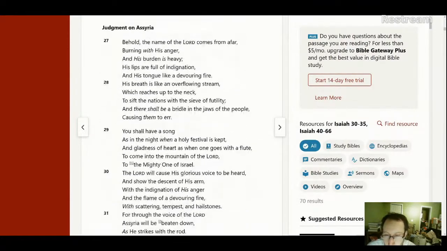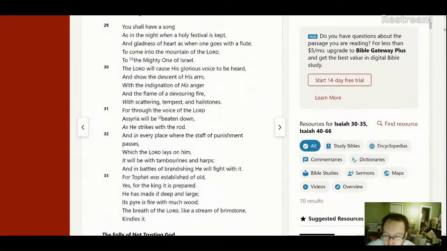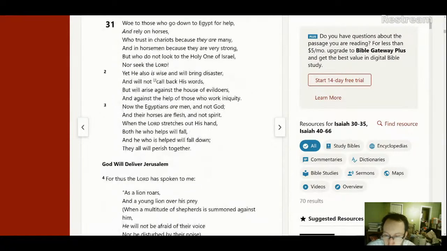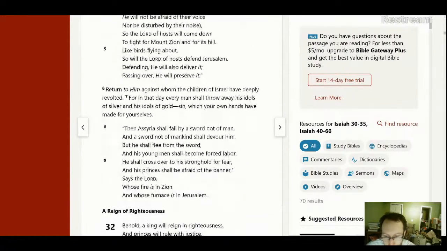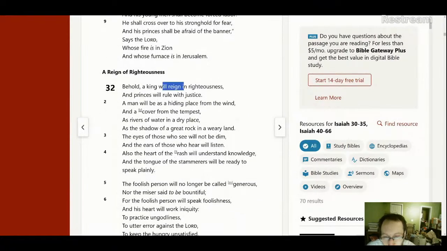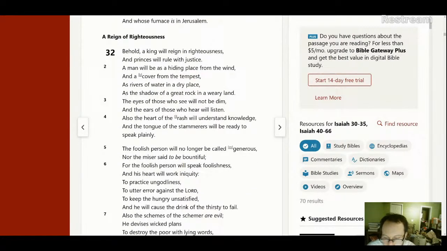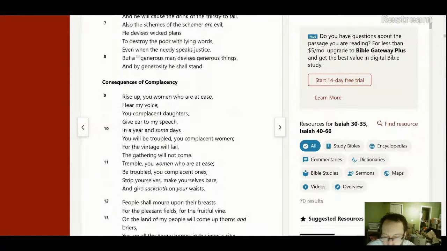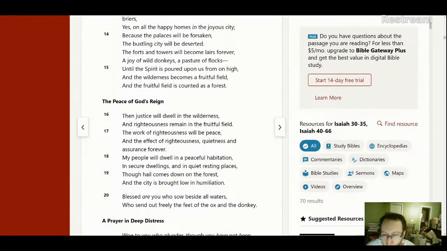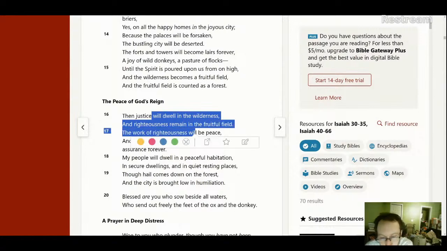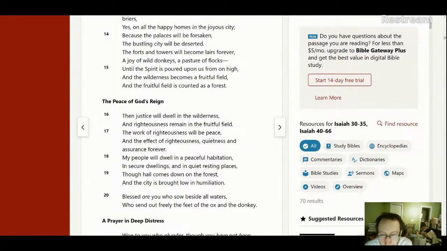Then we see judgment on Assyria. Behold, the king will reign in righteousness, princes will rule with justice. Justice will dwell in the wilderness. Righteousness remain in the fruitful field. The work of righteousness will be peace. The effect of righteousness, quietness, and assurance forever.